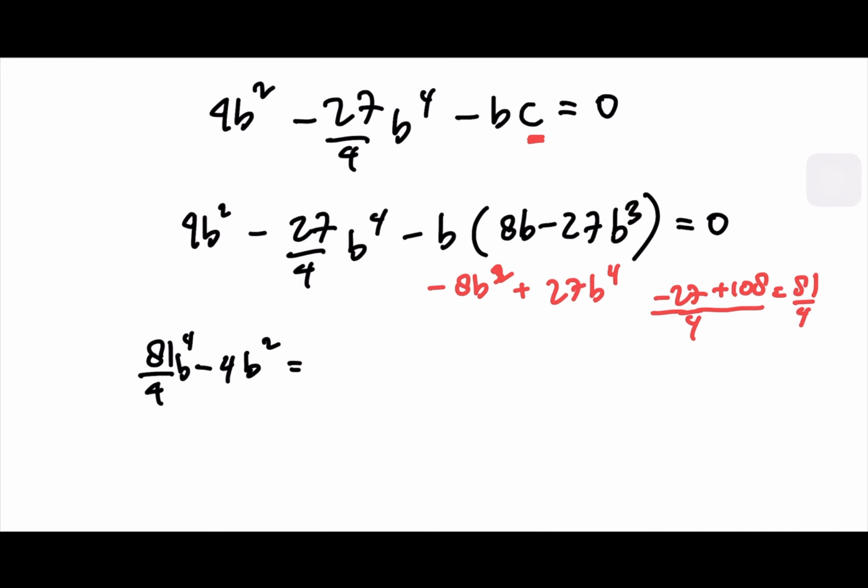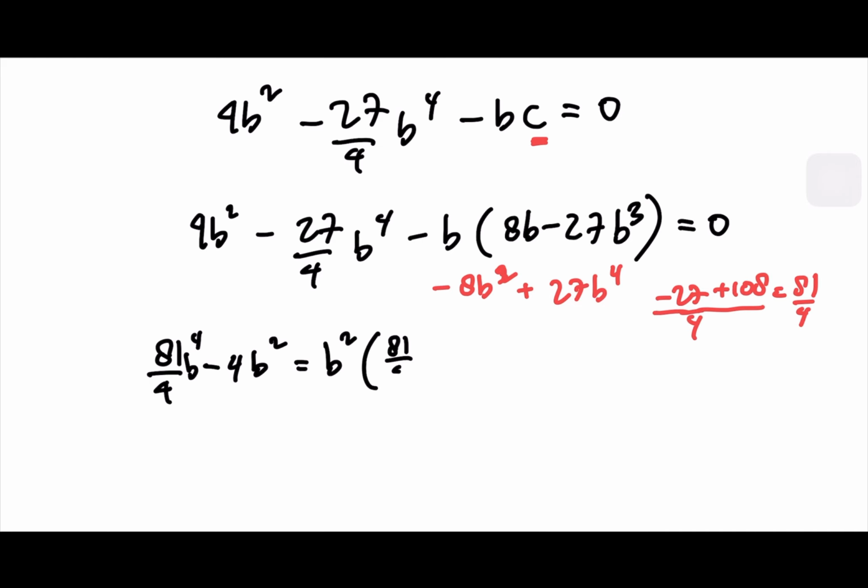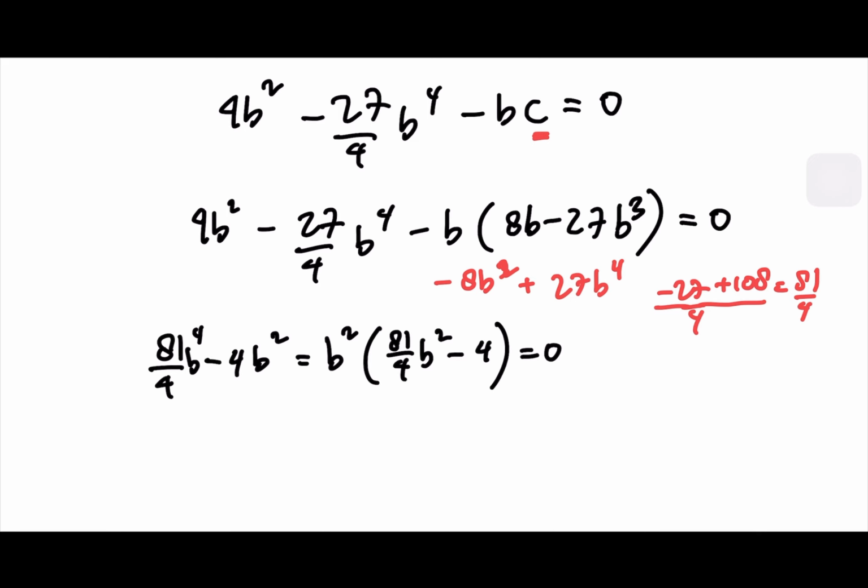So we can have b squared as a factor, and this is equal to 0.